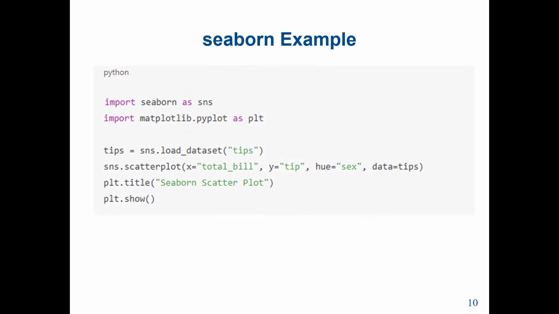Then here we are getting a scatter plot. We have our x-axis, y-axis, and also the hue, and our data is the tips. We have included a title, and we show our visualization, I mean, show the chart to view the chart.